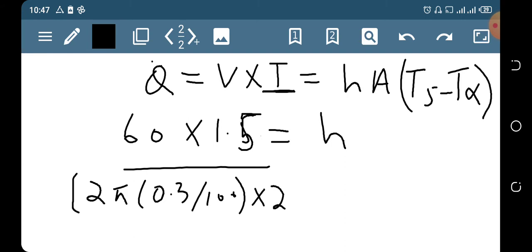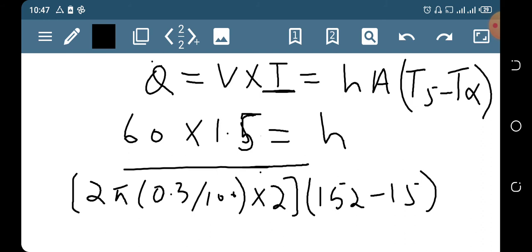This is the whole area, and Ts is 152 minus 15. Again, I made one mistake.